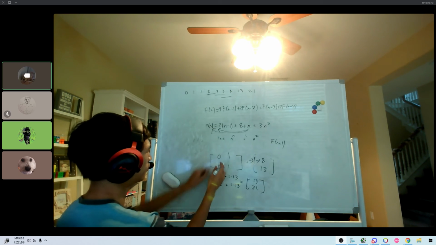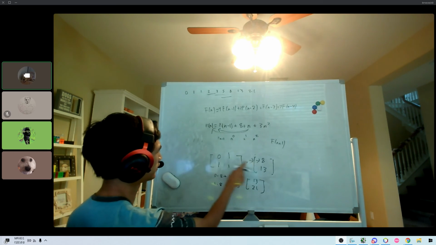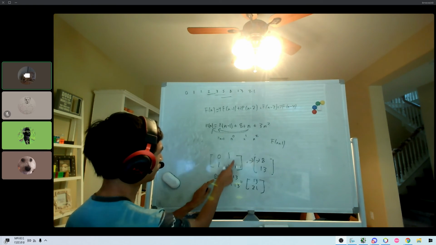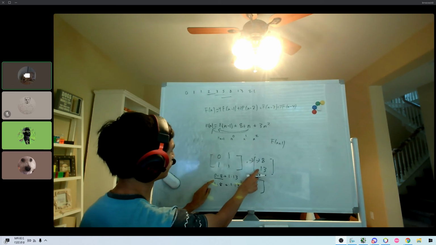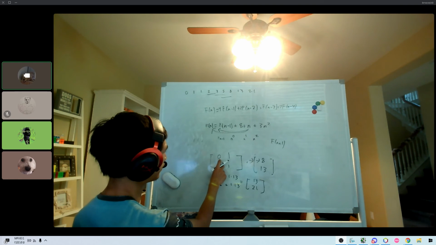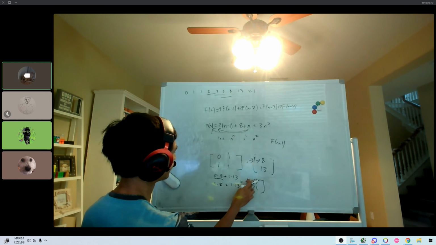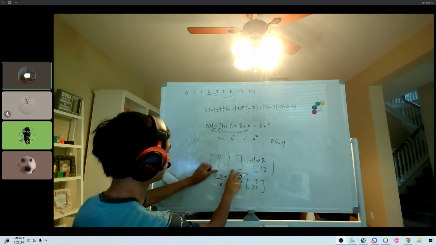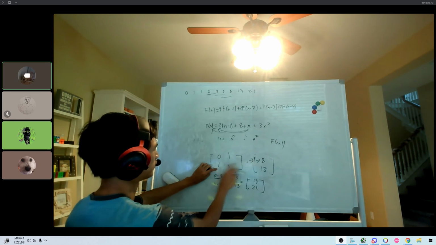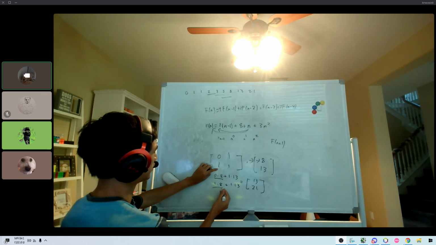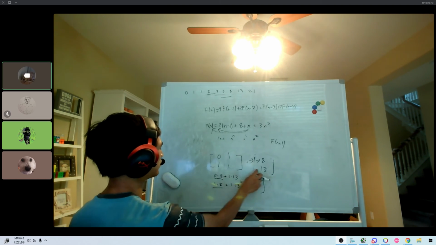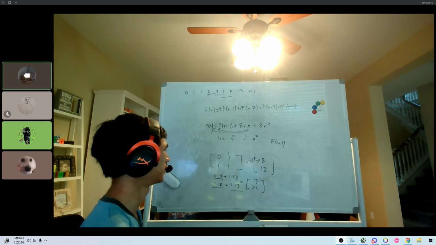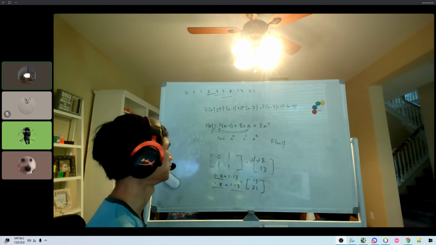So I do 0 times 8 plus 1 times 13, and that will give me the result for the top row, and then you would do the same thing for the bottom one. So row times column: 1 times 8, plus 1 times 13.